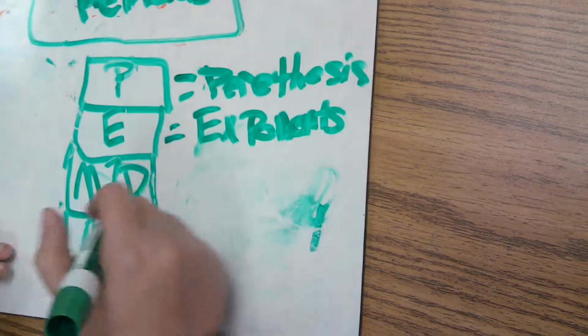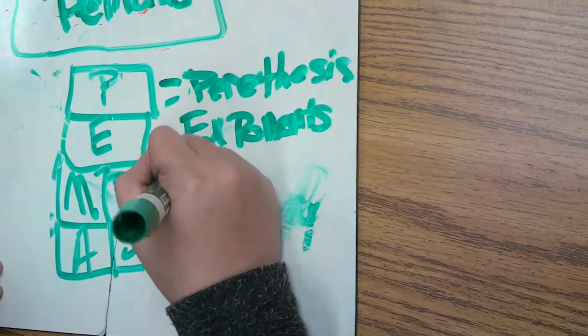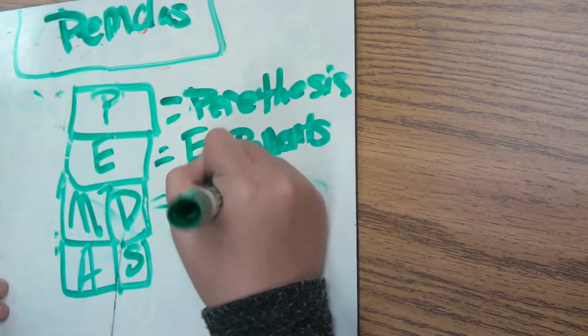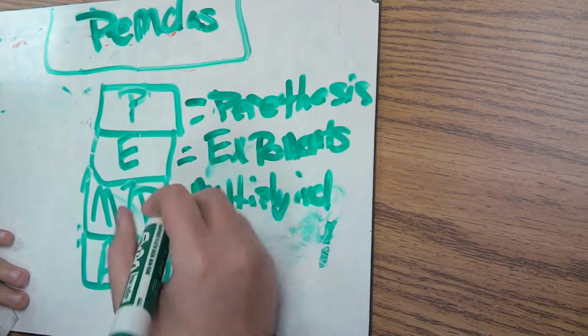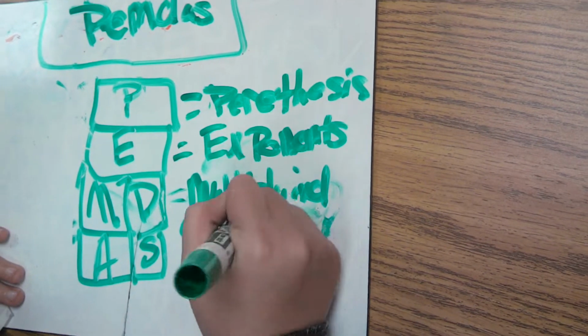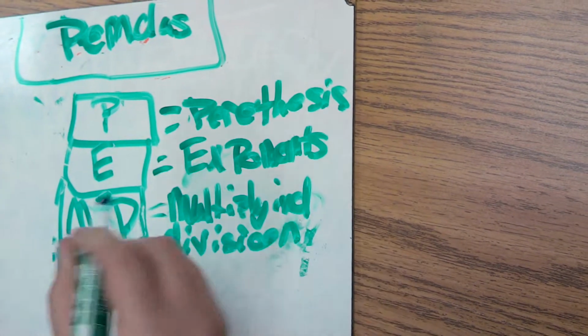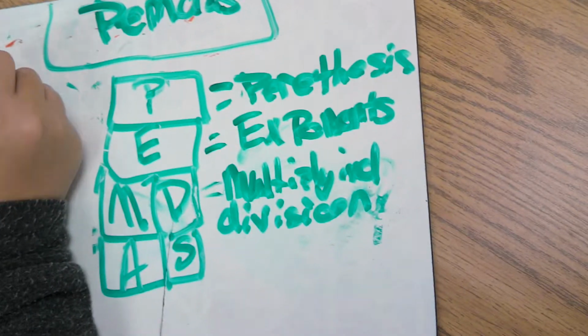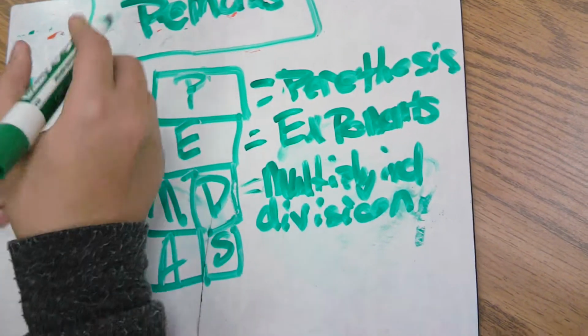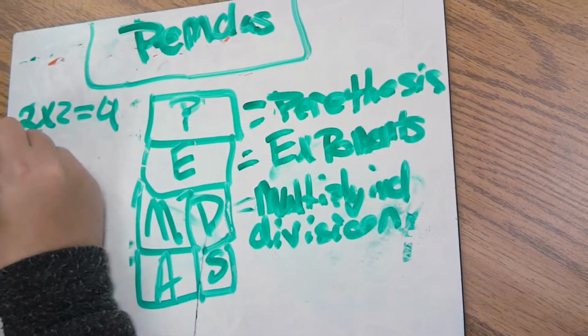And the 2 other boxes would equal multiplying or division. By that meaning is that you would just multiply or you would just divide.